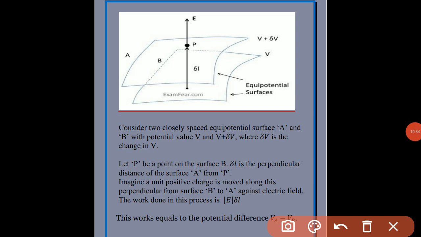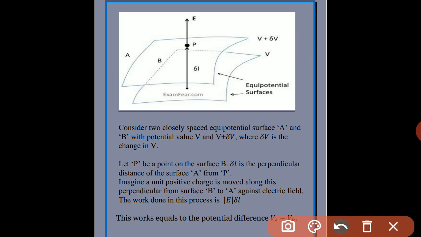Now we'll see the relation between electric field and electric potential, the relation between E and V. We have to see an equation for how these two quantities are related. E means electric field, V is electric potential. To derive that relation, you have to consider this diagram.